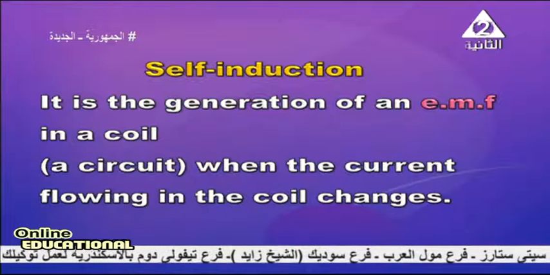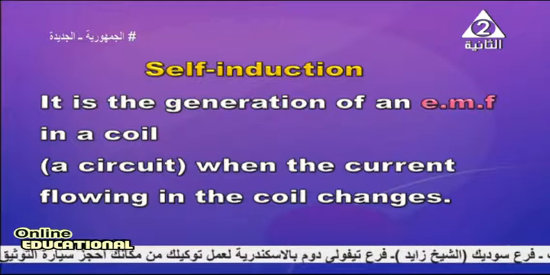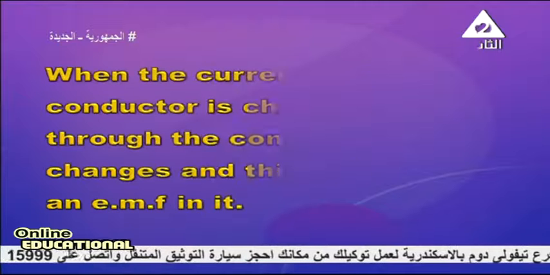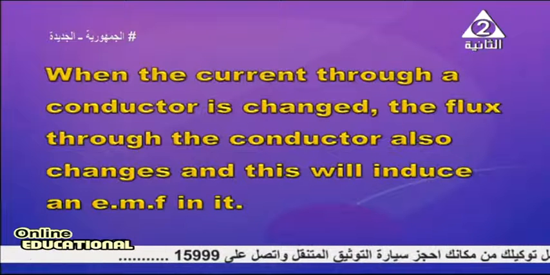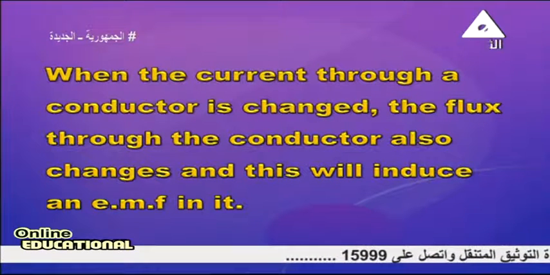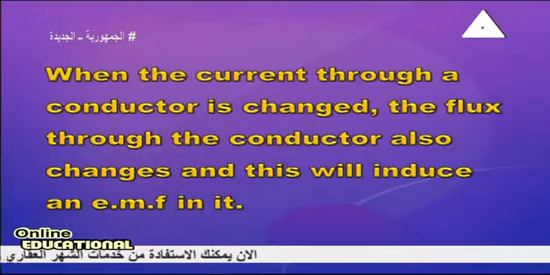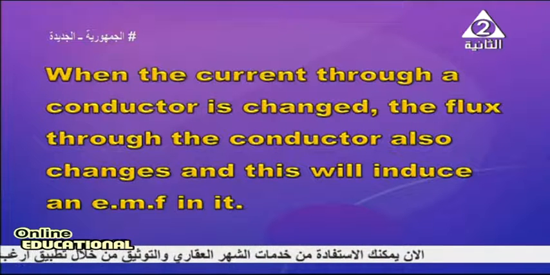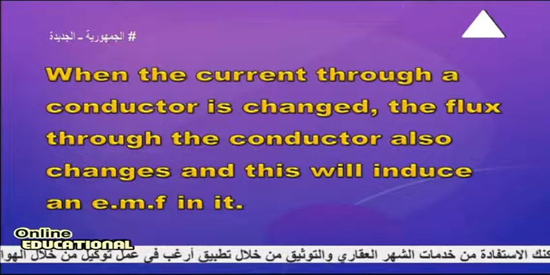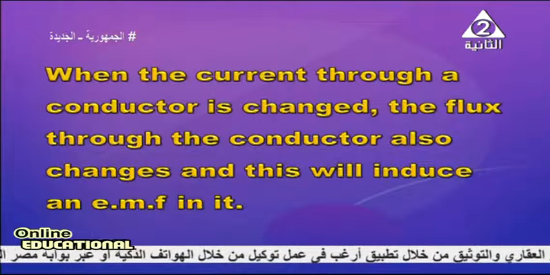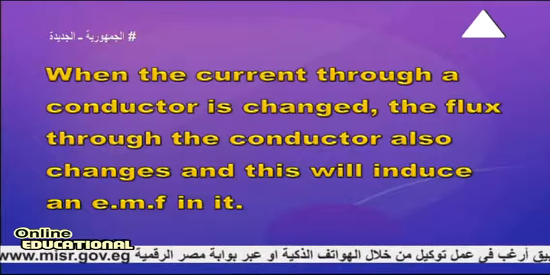The moment the current changes, it will induce an EMF. When the current through a conductor is changed, the flux through it also changes. In this way, we've got a changing magnetic field intercepting a conductor, and this will induce an EMF.